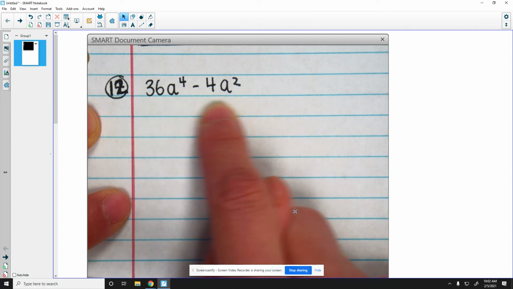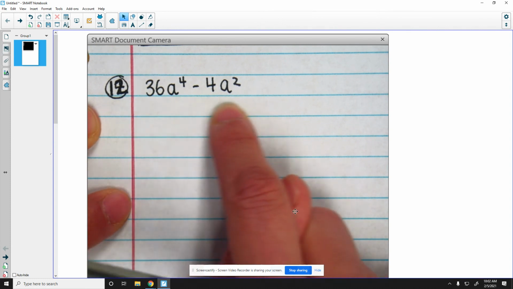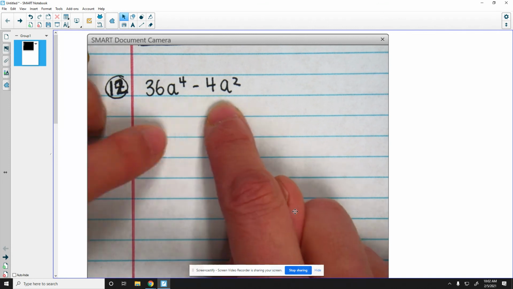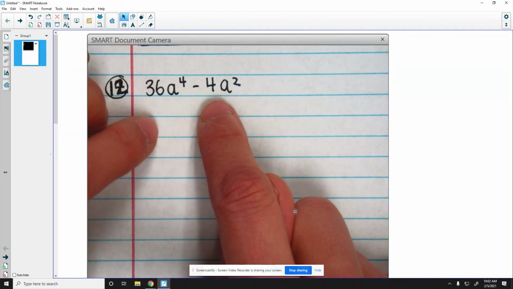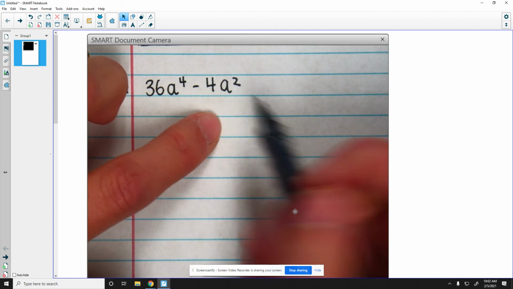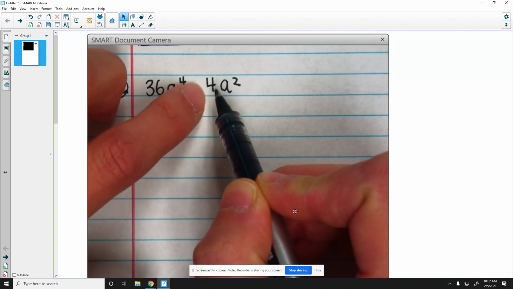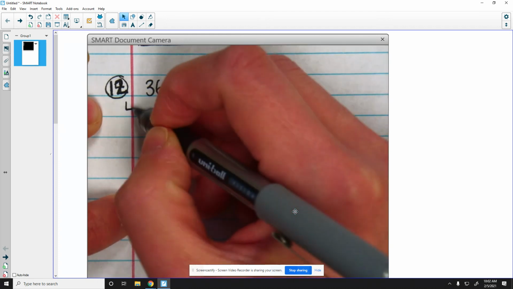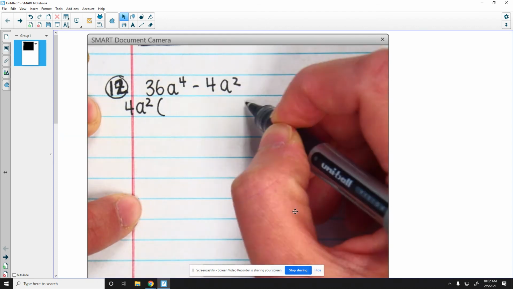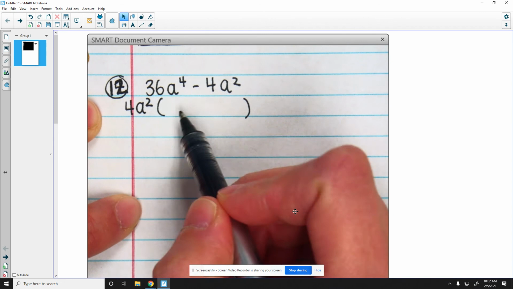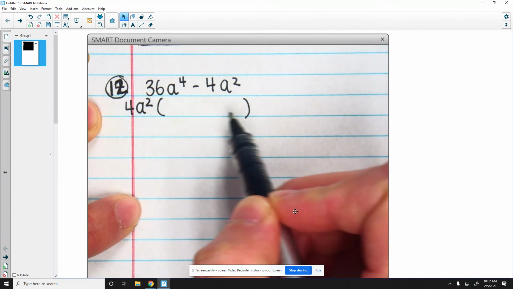Yes. What number? 6a squared. Close. Not 2. 4. Right? Because you can do bigger than 2. 4 is good. You can't do 6 because 6 doesn't go into 4. So 4a squared. Okay. Somebody online, what do I have left over?